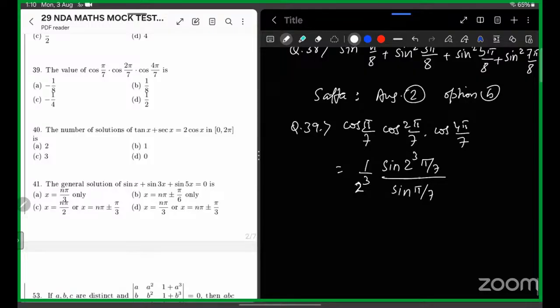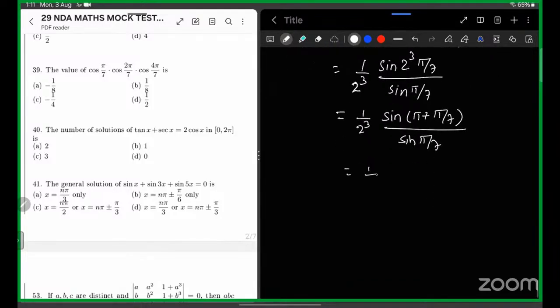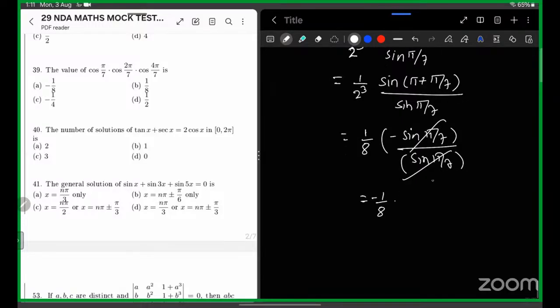These two terms are going to cancel each other because 8 pi by 7 is pi plus pi by 7. I'm going to get minus 1 by 8, option A.